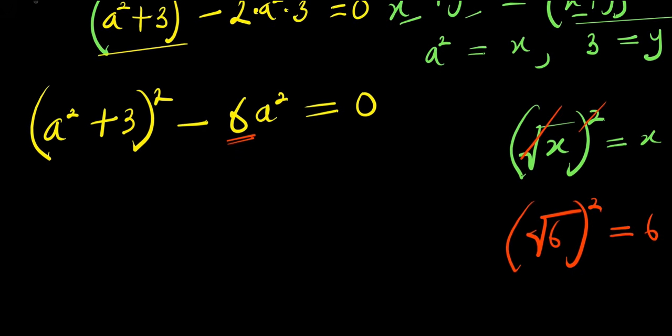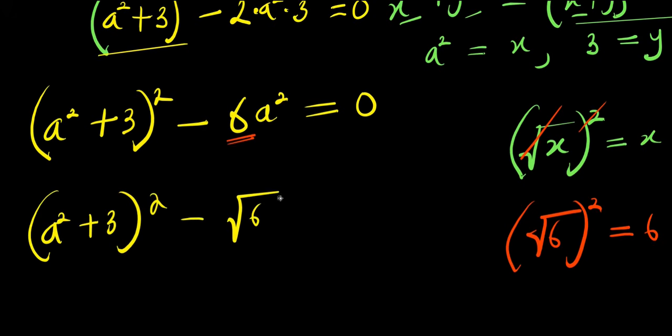So what I'm going to have here is a squared plus 3 raised to the power of 2 minus square root of 6 raised to the power of 2 times a squared, and this equals 0.